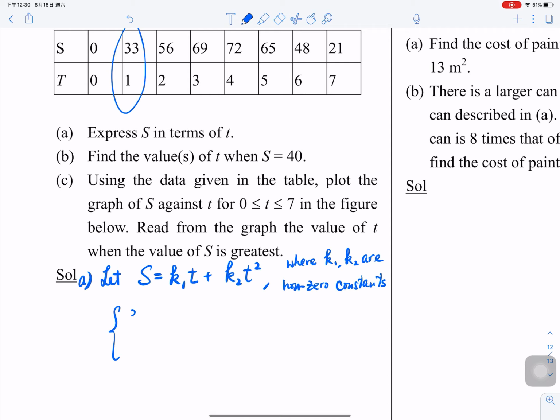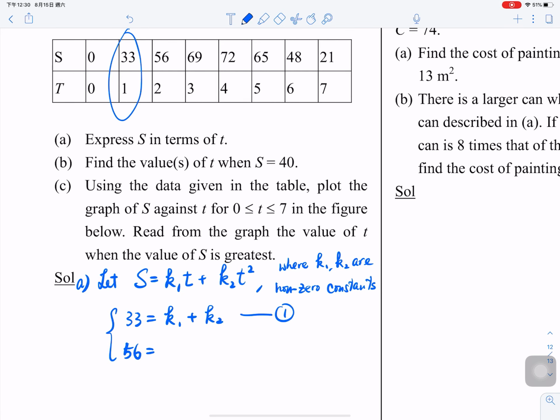For example, s equals 33, then t equals 1, so k1 plus k2. Simple equation for the first one. Second, s equals 56, t equals 2, so 2k1 plus 2 squared, that means 4k2.